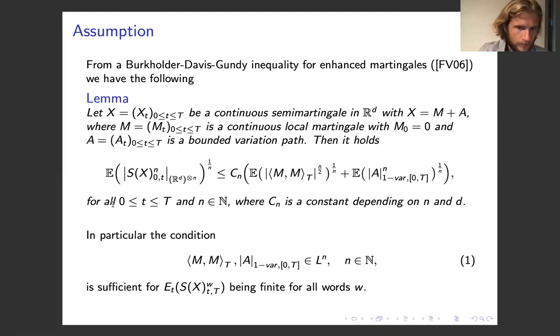And in particular, if we require that these two objects have finite moments of all orders, this implies that the expected signatures are well defined, and also the signature cumulants are well defined.